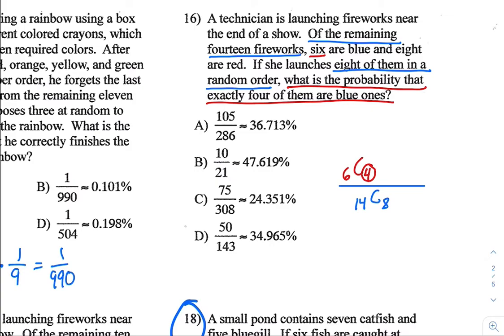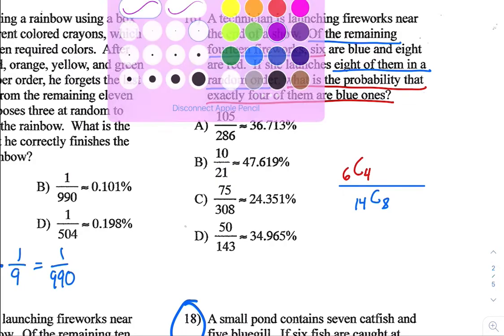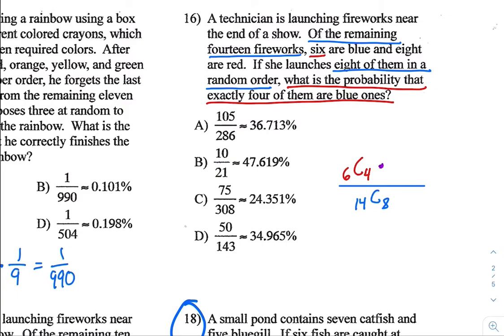If you picked exactly 4 blue ones, that automatically means you also picked 4 red ones. So for the red, how many total red are there? There's 8. So 8 choose 4. And that will give you your probability.